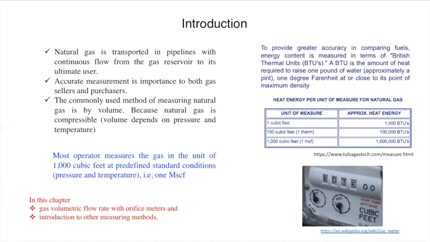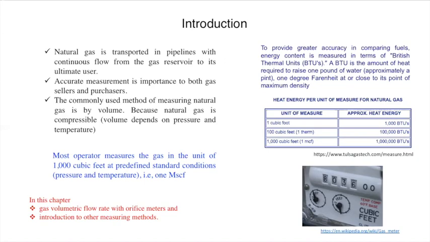Now here you see that we are selling in cubic feet, however the most common unit of being rated or sold is the BTU. In order to provide greater accuracy in comparing the fuel that is being sold, it should be sold in British thermal units, right?